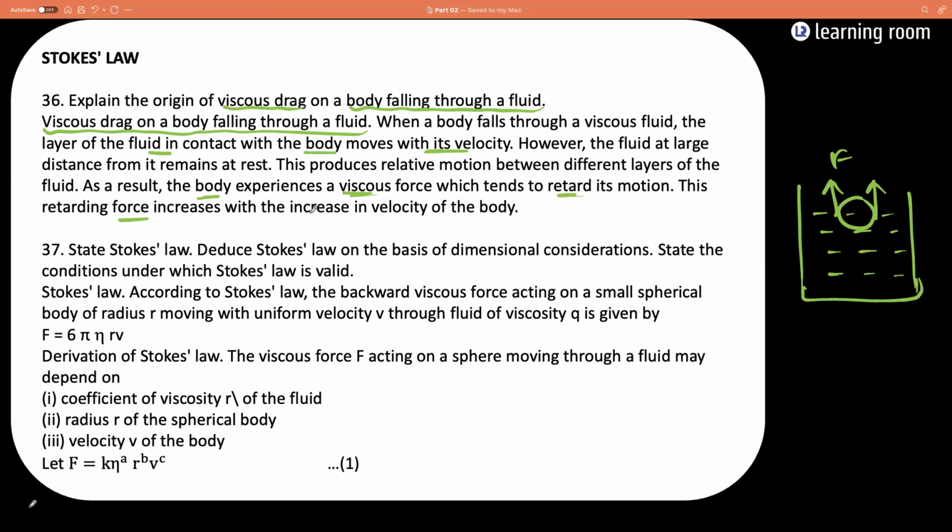This retarding force increases with the increase in velocity of the object. Okay, so this is a concept where you talk about a solid moving inside a liquid. I hope you are able to understand, right?